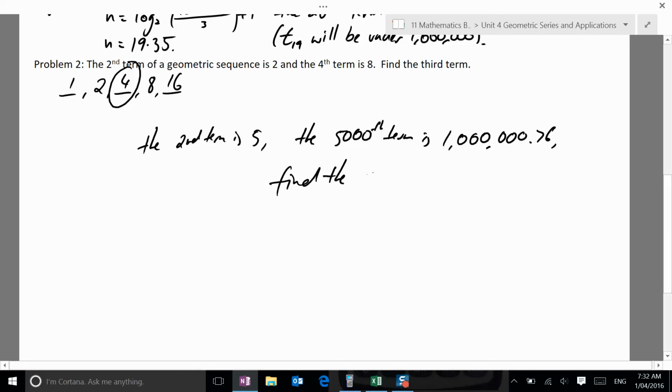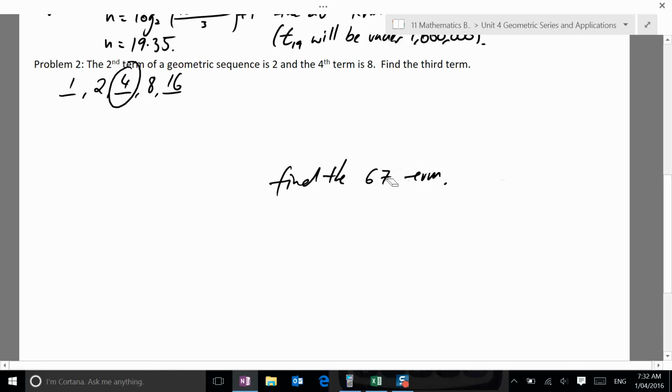Find the 67th term. Any ideas? No, good. So you need to be able to do things completely generally, even though it's good that you can intuitively spot some of these solutions.